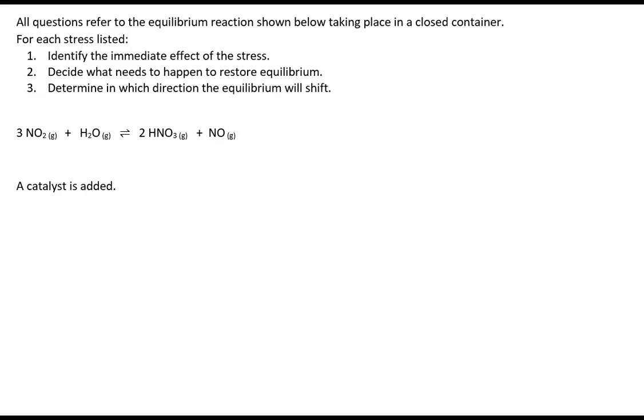It makes the reaction happen faster. In the case of a reversible system, an equilibrium system, it is going to speed up the reaction so that equilibrium is reached faster. However, the system is already at equilibrium. So the immediate effect is that there's no effect.